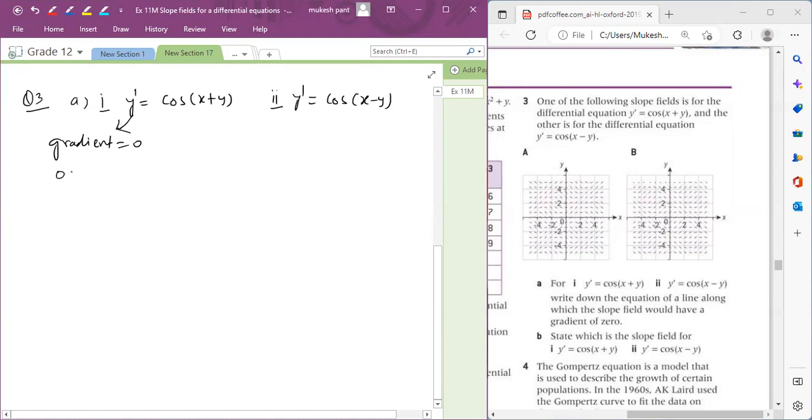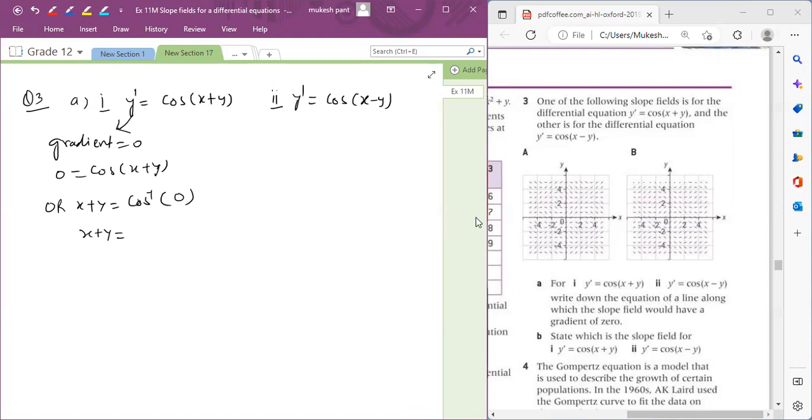We solve 0 equals cos(x plus y), or you can write x plus y equals cos inverse of 0. So we have two possibilities, plus or minus: either you go clockwise, then pi by 2, or anticlockwise, minus pi by 2. So it's plus or minus pi by 2, depending on clockwise or anticlockwise.